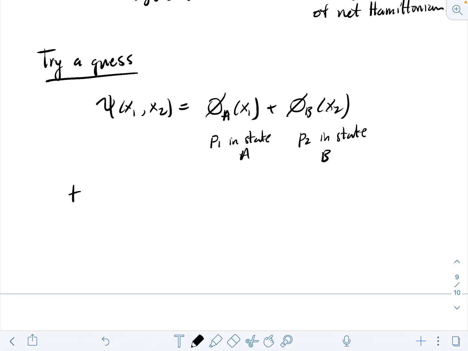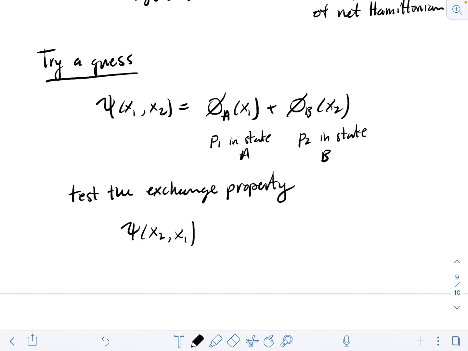Okay, and so here we have particle 1 in state A, and over here we have particle 2 in state B. Well, let's just test the exchange property. So we switch the particle positions.